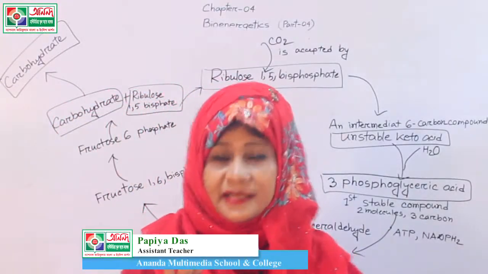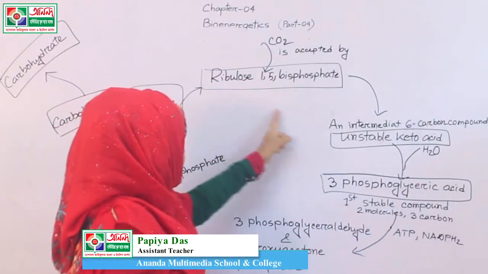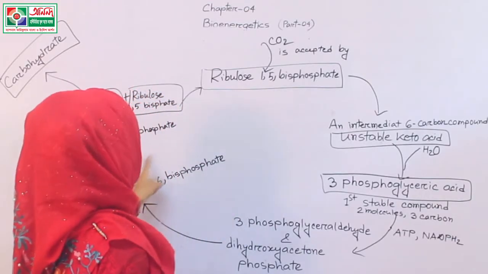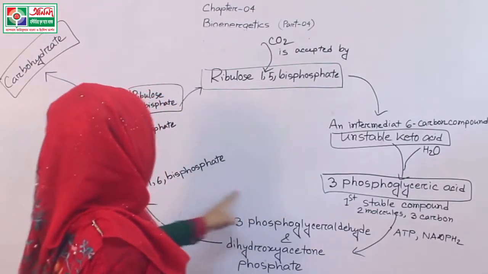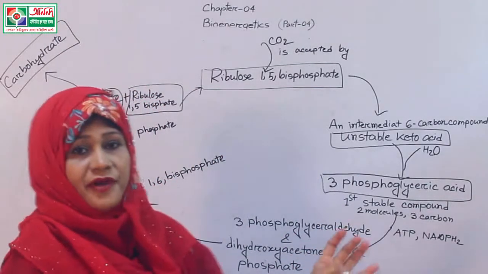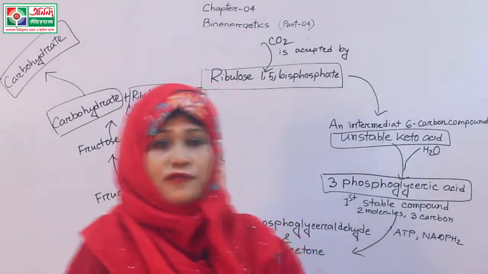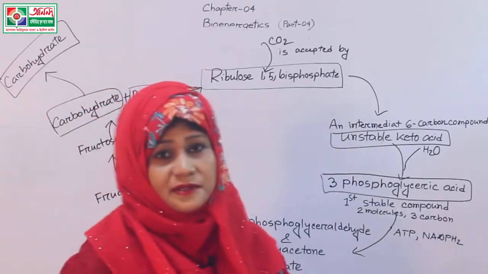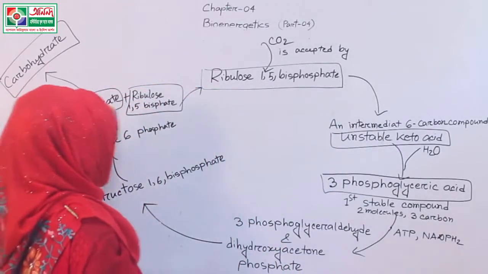Students, I am mentioning again and again that there are lots of enzymes, and these enzymes are very helpful for the production of these products. But I am not writing these enzymes for better memorizing for SSC level, okay students. So this was the Calvin cycle.